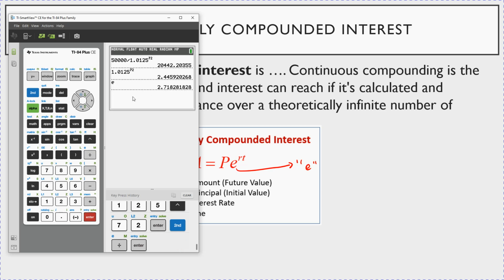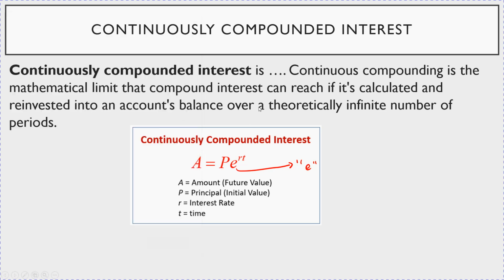It turns out it's the limit as n goes to infinity of 1 plus r divided by n, raised to the n power. If you take calculus, you'll learn a little bit more about it. But for now, it's just a number, and I'm going to show you how you work problems in our calculator using this. So r is that interest rate, and t is time in years.